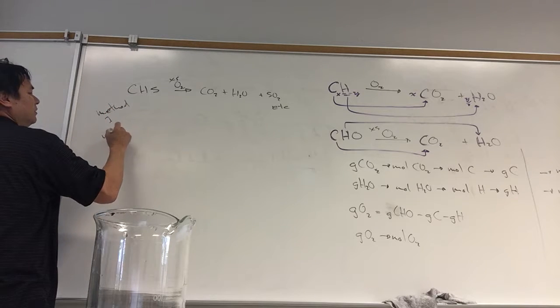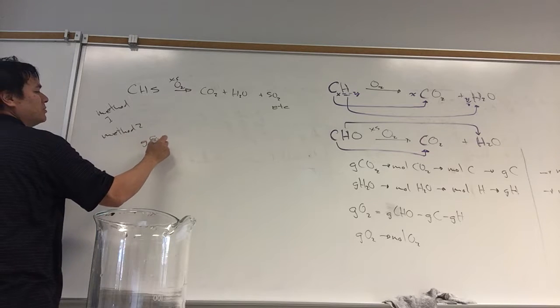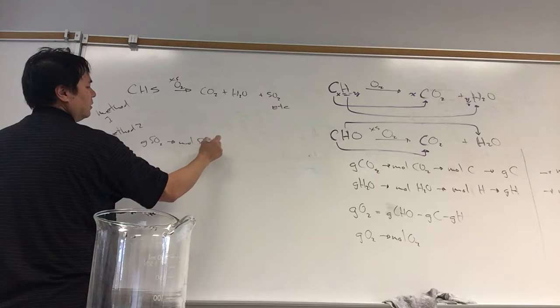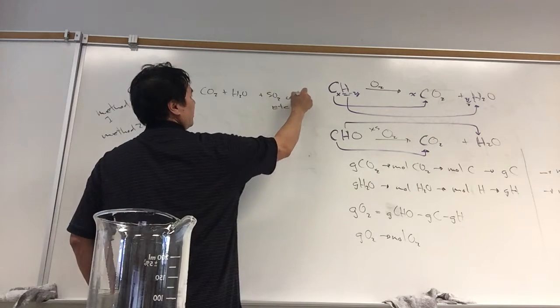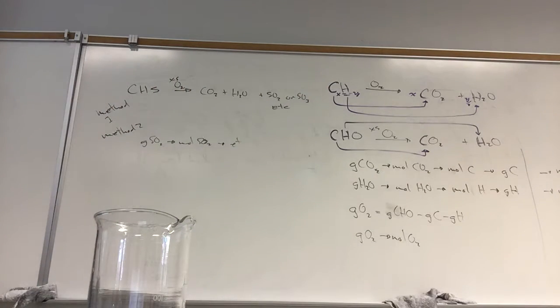Method two is we just go from grams of SO2 to moles of SO2, etc., or SO3. It depends on how much you oxidize it, what you use to trap it or analyze it.